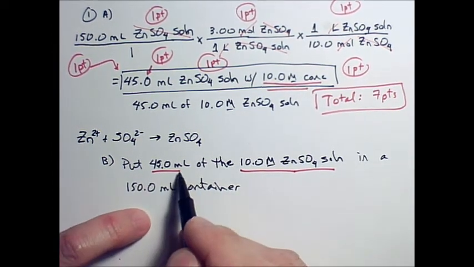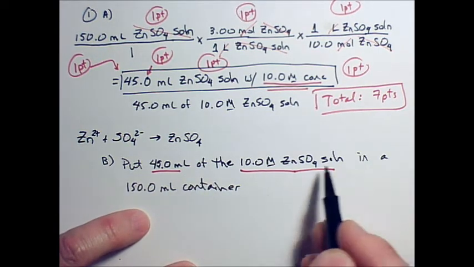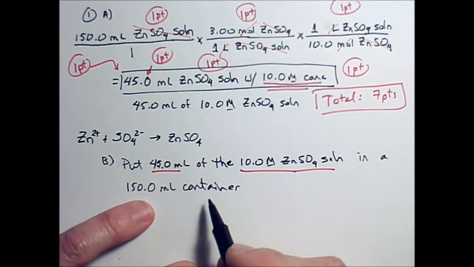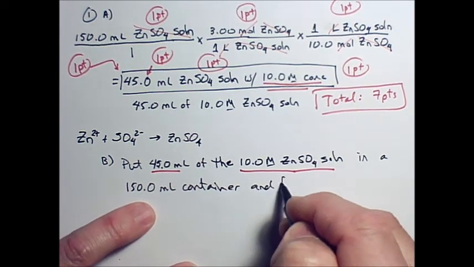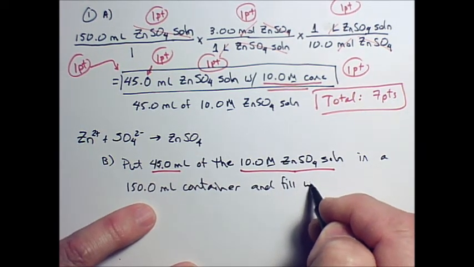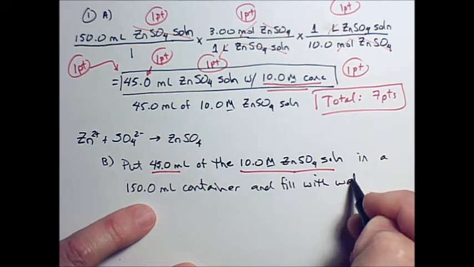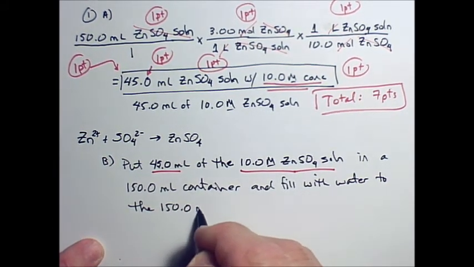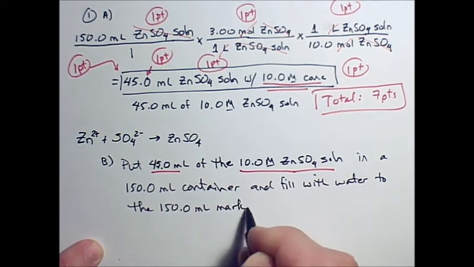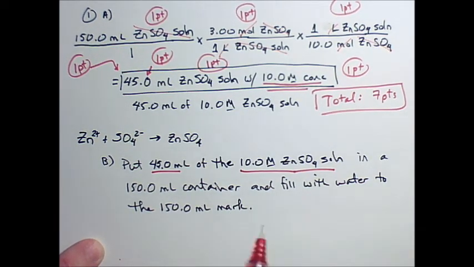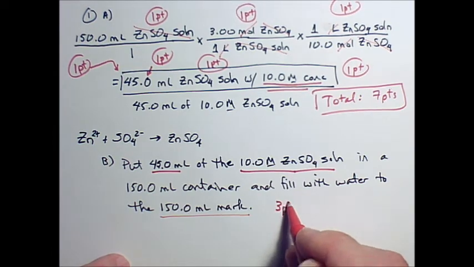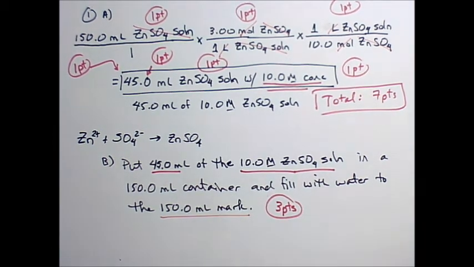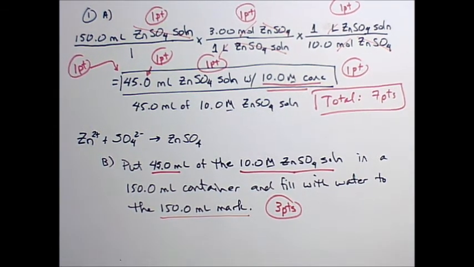So putting this 45 milliliters of the 10 molar zinc sulfate solution in a 150 milliliter container and filling with water to the 150 milliliter mark, that's worth a third point. So there's 3 points for this problem. Those are the 3 key things about that problem.